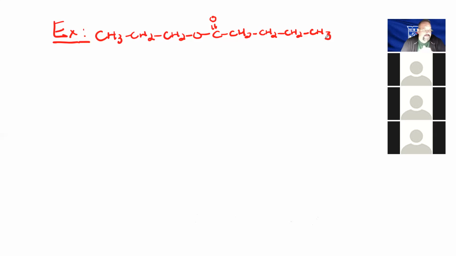First off, let's find that key bond: the bond between the C double bond O carbon and the alcohol oxygen, which in this example is over here. So for this ester, the part that comes from the carboxylic acid is actually to the right of the key bond, and the part to the left comes from the alcohol.